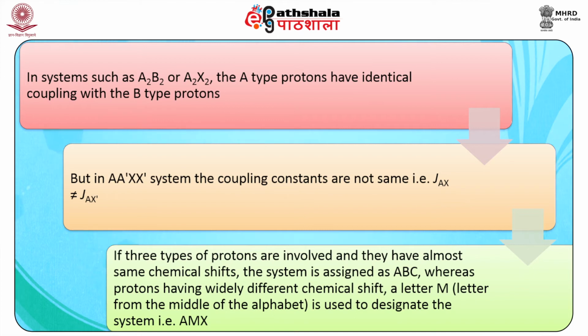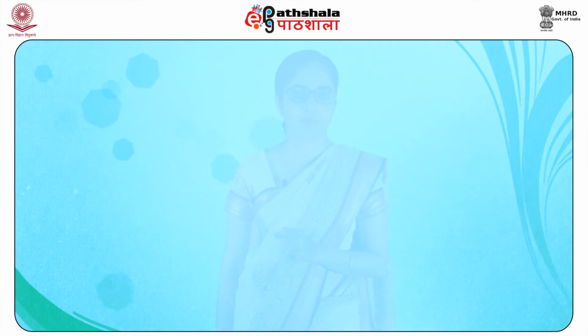If three types of protons are involved and they have almost the same chemical shifts, the system is assigned as ABC system. Whereas for protons having widely different chemical shifts, the letter M, a letter from the middle of the alphabet, is used, that is AMX system.